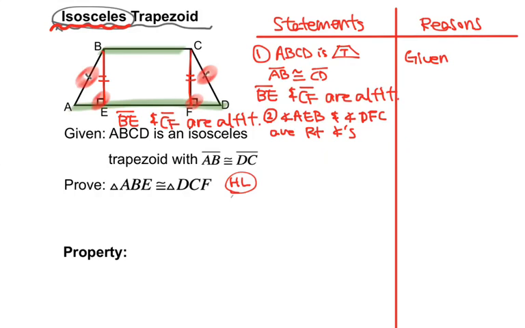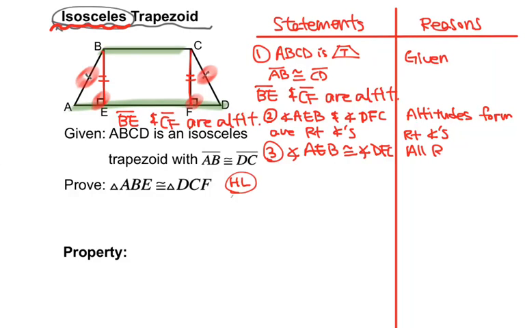Why? Because altitudes form right angles. Now step number 3 becomes: angle AEB must be congruent to angle DFC. Why? All right angles are congruent.